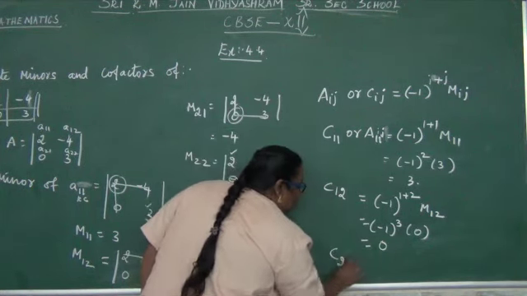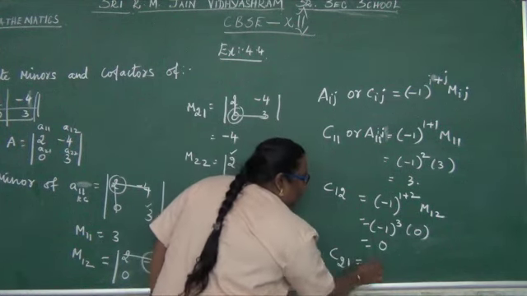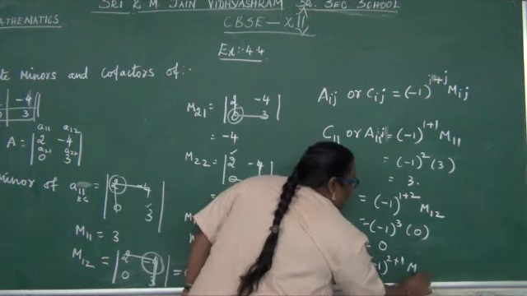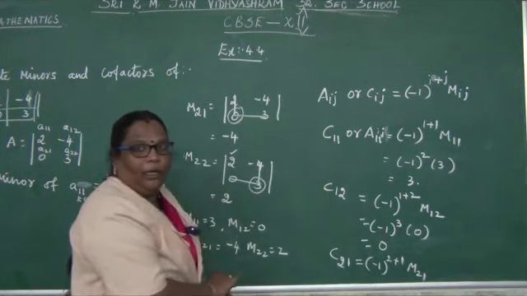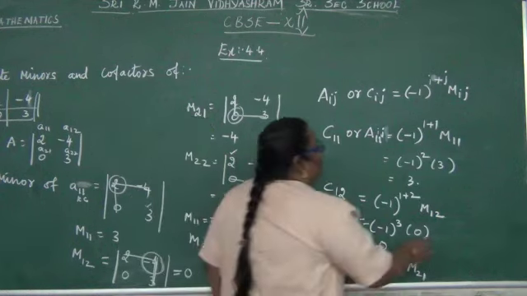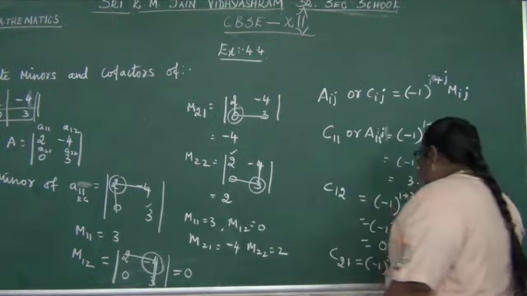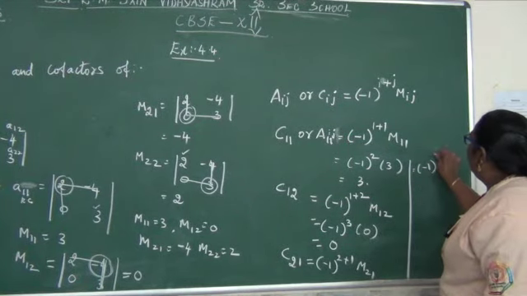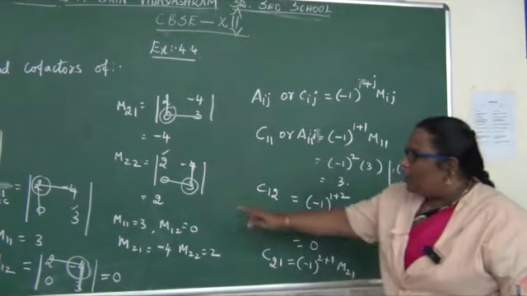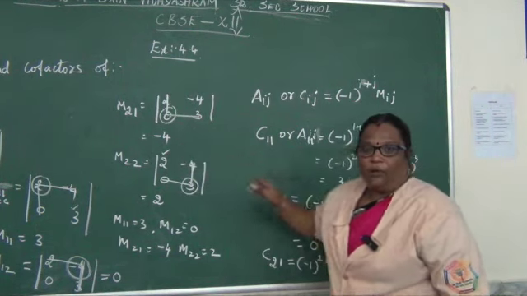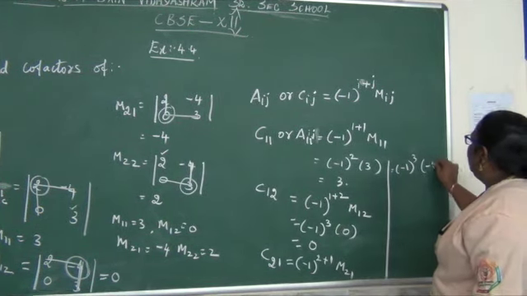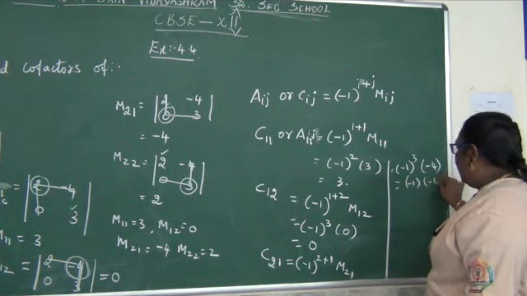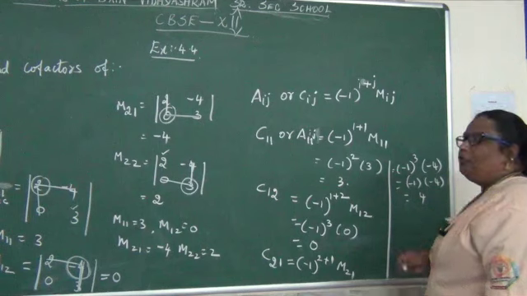Next, C21 equals minus 1 whole power 2 plus 1 into M21, so minus 1 the whole cube. M21 value is minus 4, so minus 1 into minus 4. The answer is 4.